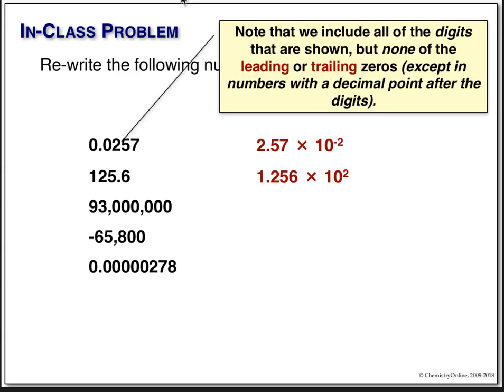Our next guy, 93 million. Implied decimal point is here. We want it here, so we write 9.3. Now to get there, we had to go to the left, 1, 2, 3, 4, 5, 6, 7. So it's a plus 7.